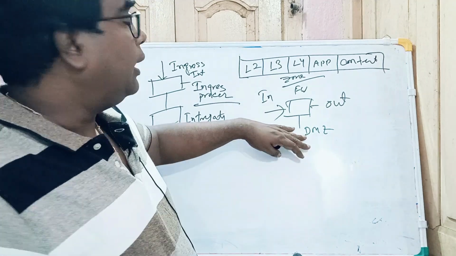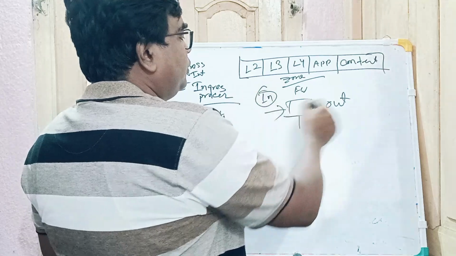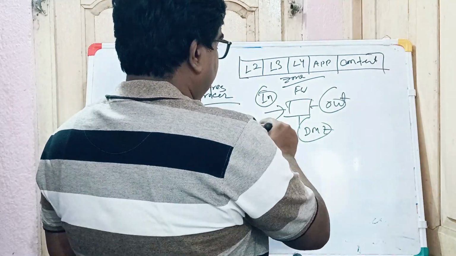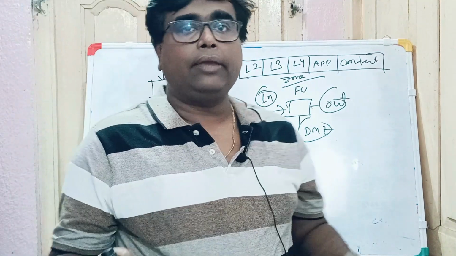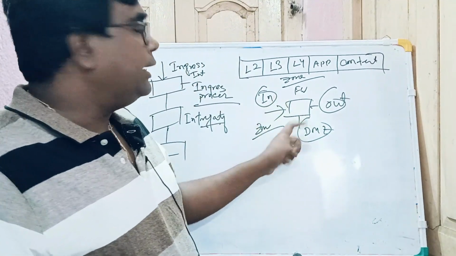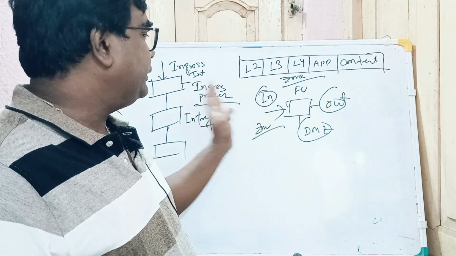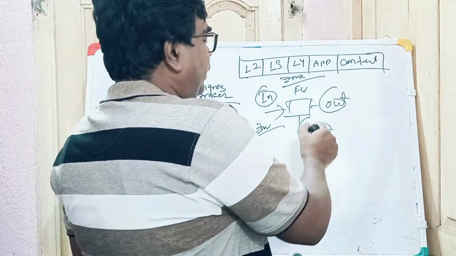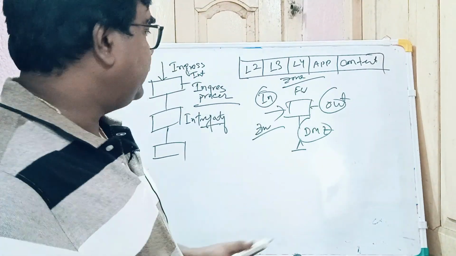In the PaloAlto, this is called the inside zone, outside zone, or DMZ zone. In PaloAlto this is called a zone, while in other firewalls like FortiGate, it is taken as an interface. So the packet may come from the inside zone going to the outside, or the packet coming from the DMZ zone going to the outside or inside, anywhere. So that is the thing.